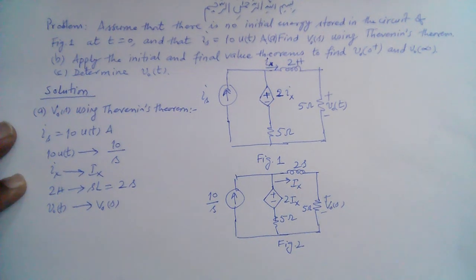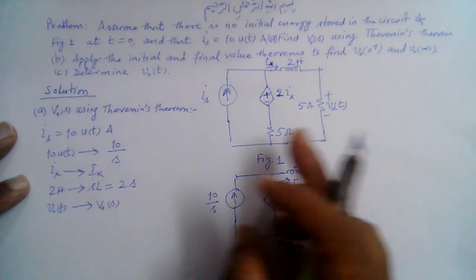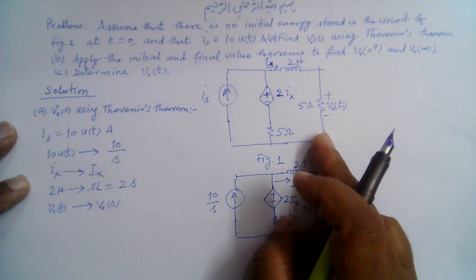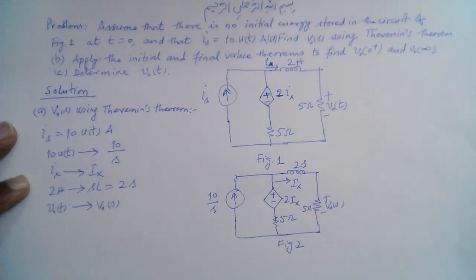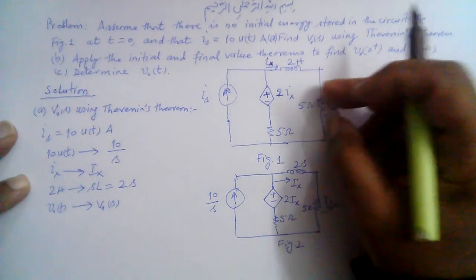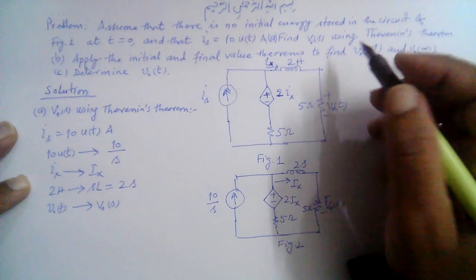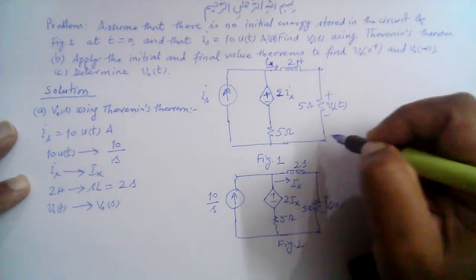So there are two parts to solving the Thevenin equivalent circuit. We need to find the Thevenin open circuit voltage, and we need to find the Thevenin impedance, right? To find the Thevenin open circuit voltage, we take out this resistor R, this 5 ohm resistor here, and find the open circuit voltage across these terminals.